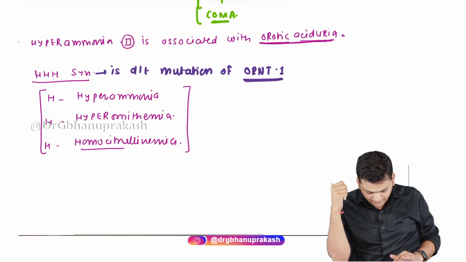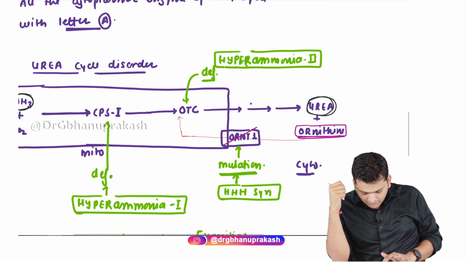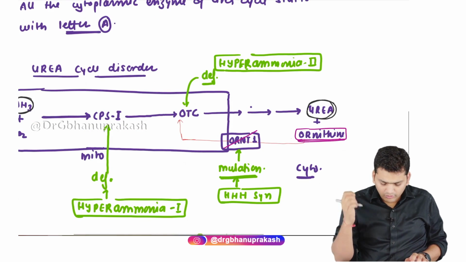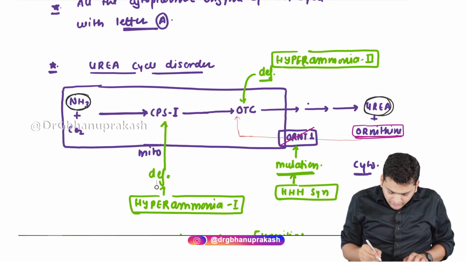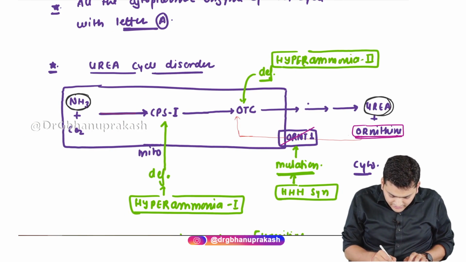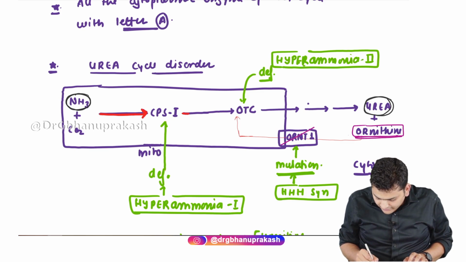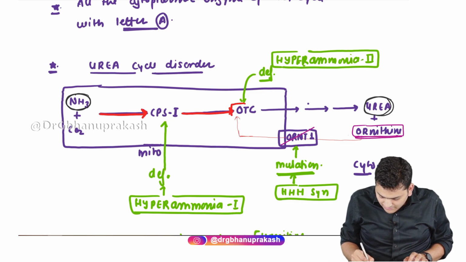Where is the homocitrulline coming from? Just pay attention and see here. If the ornithine transporter 1 is not there, what you can observe is that the first reaction can occur easily. There is no problem with the first reaction. Even for the second reaction, the enzyme is there.